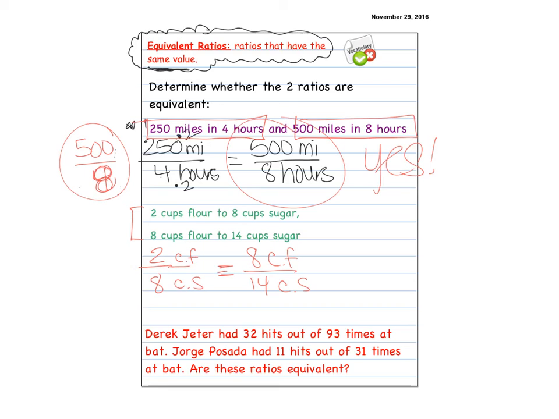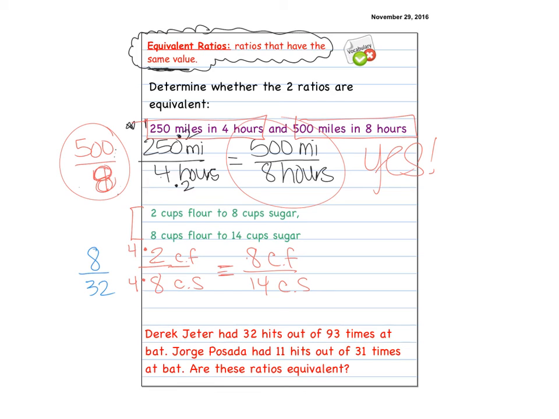But I can see that 2 can be multiplied times 4 to get 8. So if I do times 4 here, and remember, if I do something to the top, I have to do it to the bottom, I rewrite this as 8 over 32.